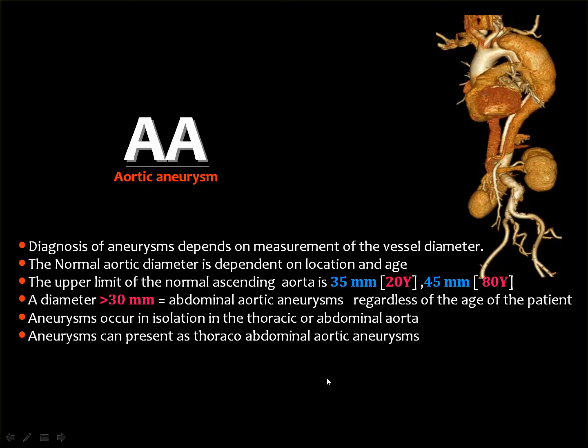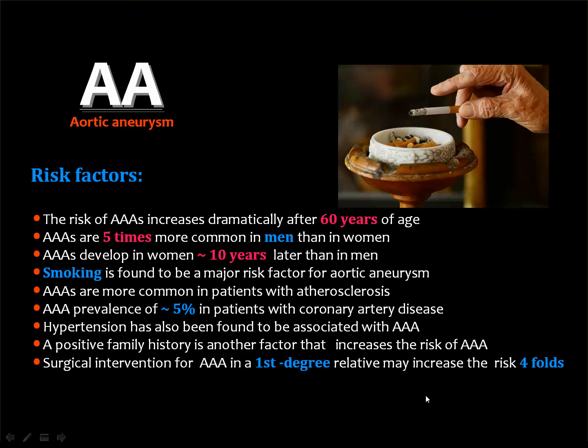As I have mentioned before, a diameter of more than 3 centimeters of the abdominal aorta is considered an aneurysmal dilatation. Of course, aneurysms may be single or multiple. You may get an aneurysm in the ascending aorta and another one in the descending thoracic or abdominal aorta.